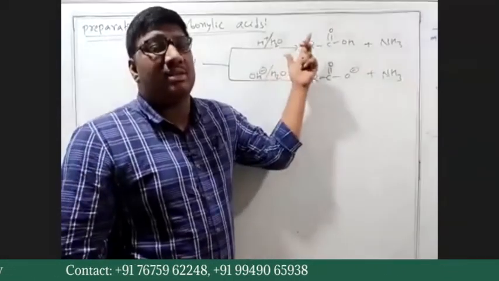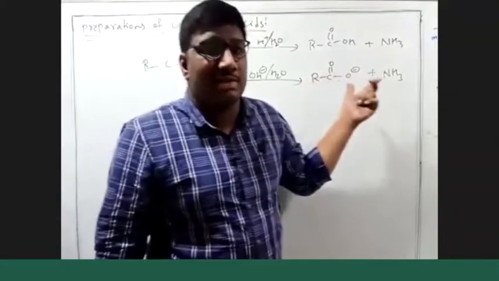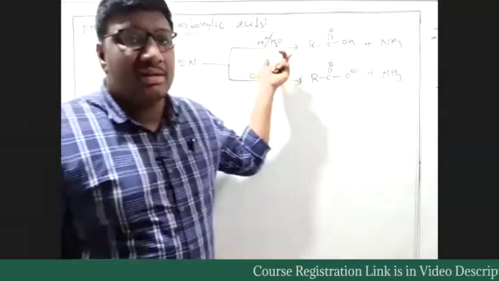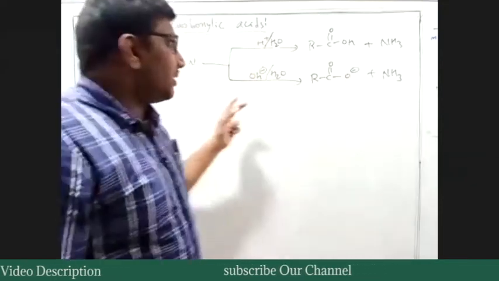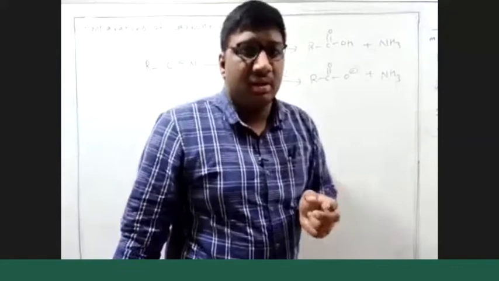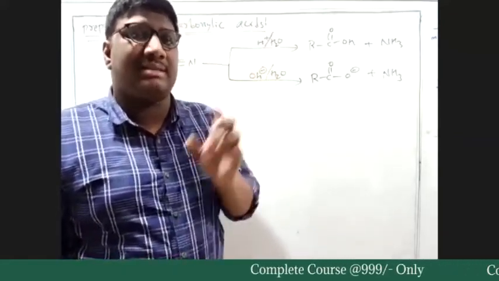So acidic hydrolysis gives carboxylic acids, whereas basic hydrolysis gives carboxylate ion. And the reaction mechanism of basic hydrolysis is quite similar to acidic hydrolysis. The same mechanism for both.